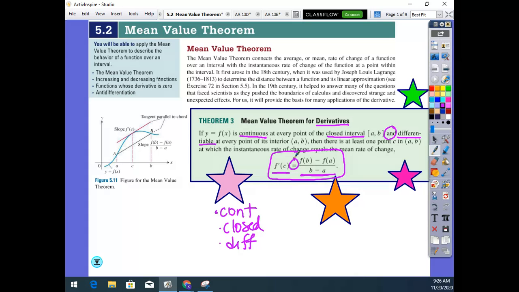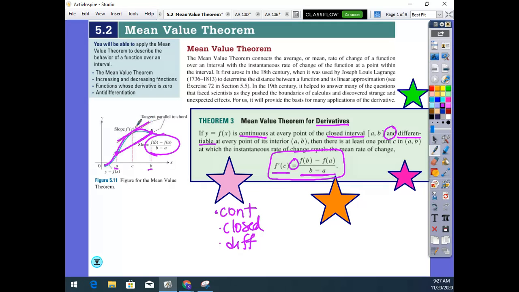You have to look at this as separate pieces. So if we look at this figure on the side here, they're saying if you have any continuous function, and we look from one point to another point, if I connect those 2 points together and I find the slope using the slope formula, there is some point in between A and B where the slope of this line will match the slope of the tangent line.